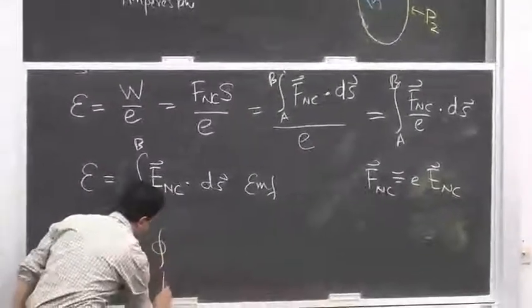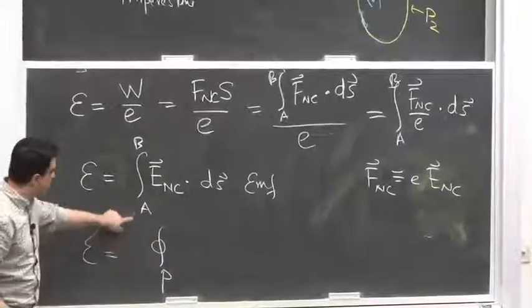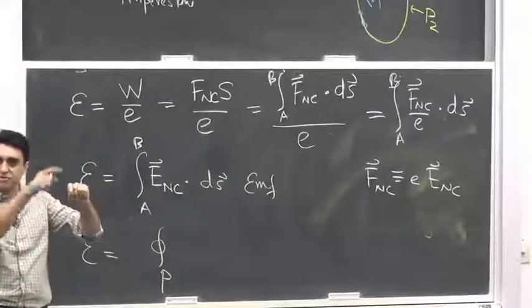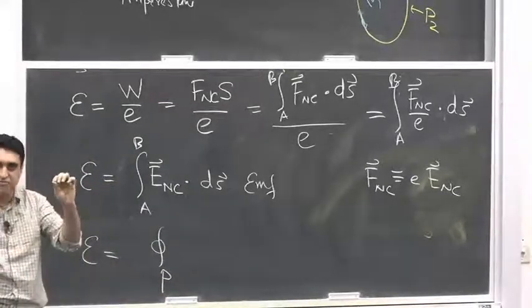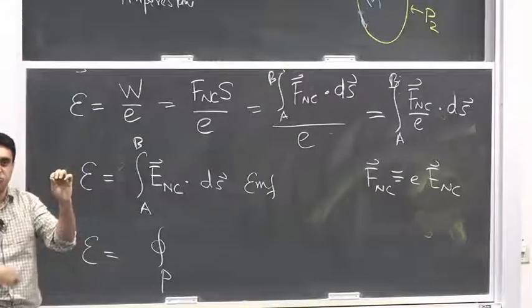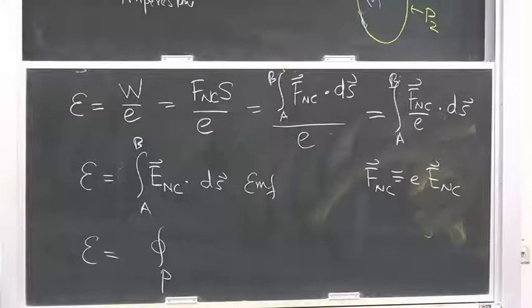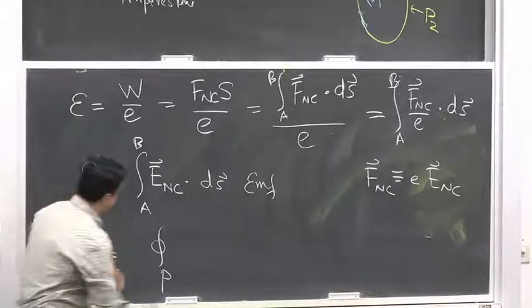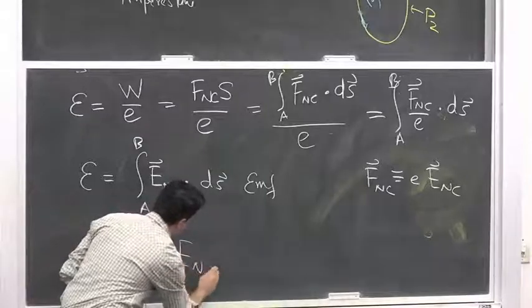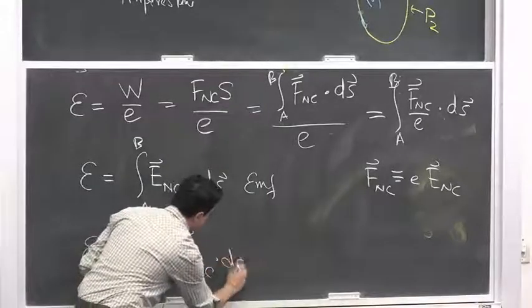And what would be that EMF around that circuit? In that case, instead of from A to B, I have to take a closed circuit. It's not just a battery, it's a full loop around which the whole force is acting. So the non-Coulombic force acts along the whole loop and not just in a small segment of wire. So I have to take E non-Coulombic dot ds.